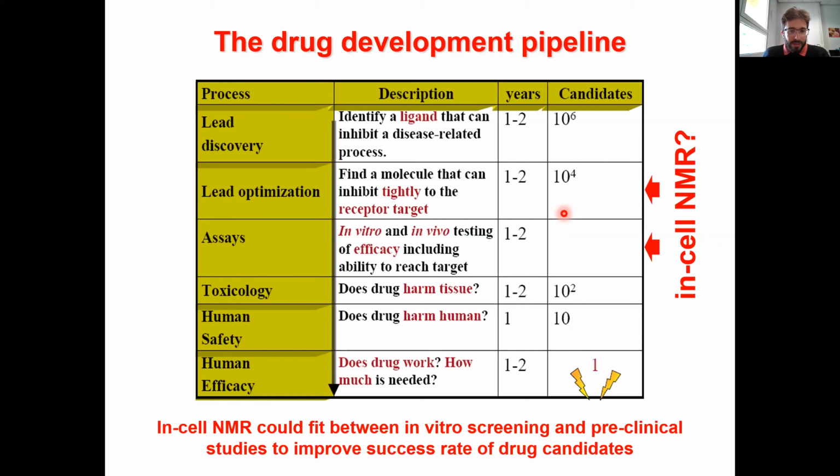At that point, most of these drugs fail, very often because within the cells and tissues the drugs don't do what they're supposed to, although the binding affinity and inhibition could be very beautiful in vitro. In-cell NMR is very suited to help in this process, somewhere between lead optimization in vitro and the preclinical in vivo assays.